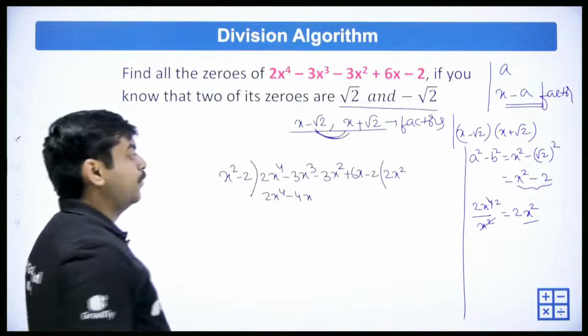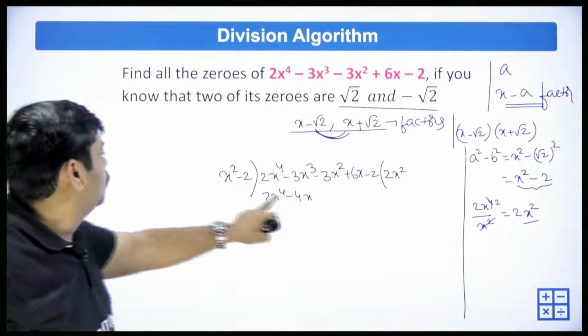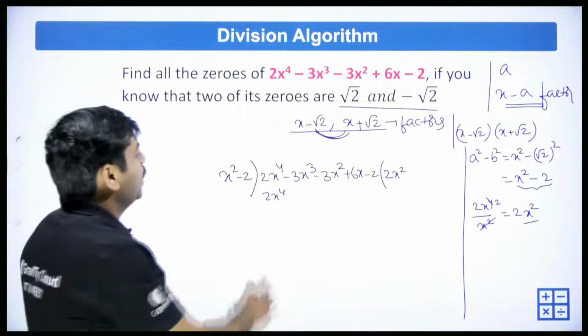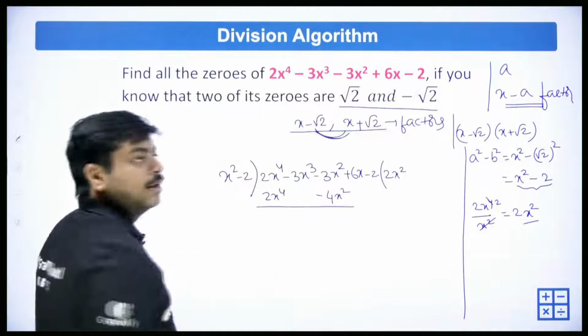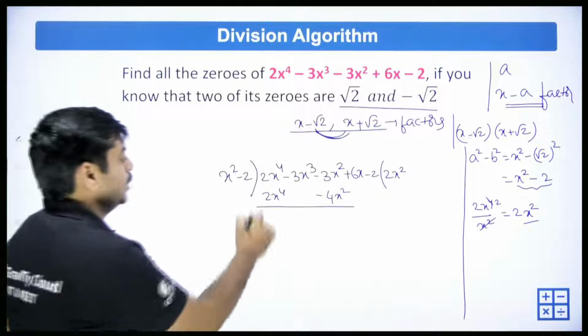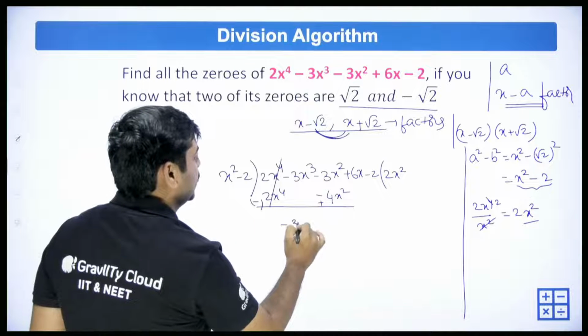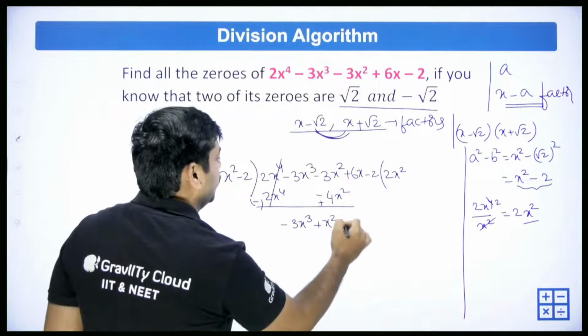No x cube term here, be careful, that becomes 0. So now if you subtract, these two get cancelled and this becomes positive x square and plus 6x.